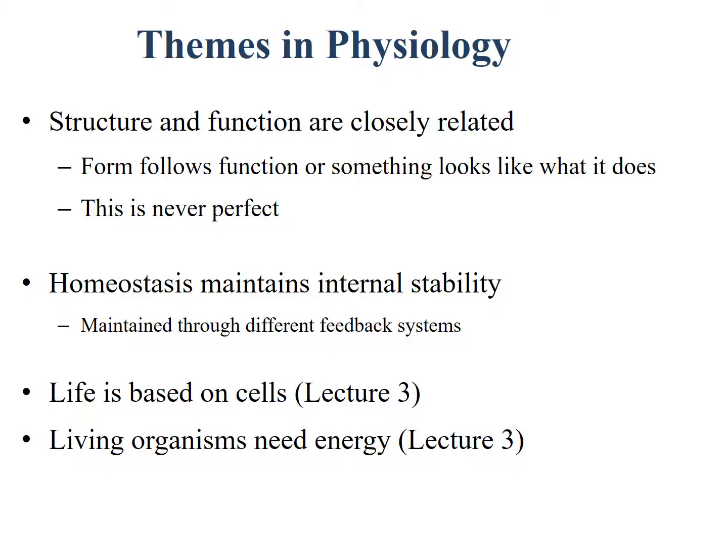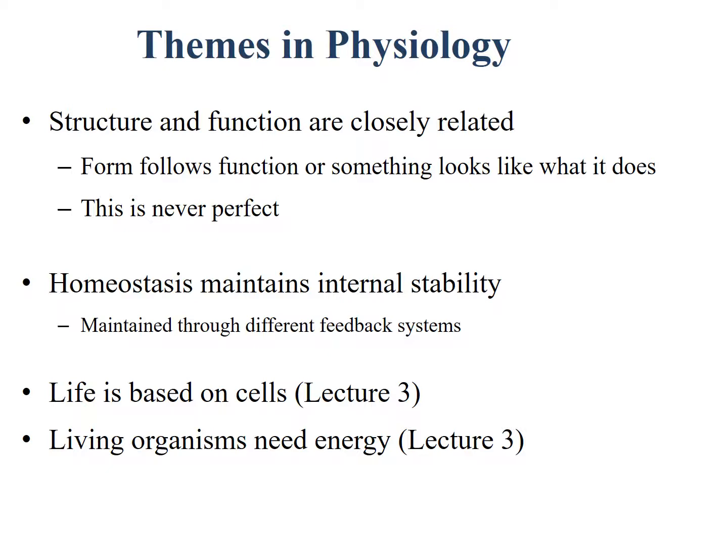First, we're going to discuss structure and function. Structure and function in the human body are very closely related. What do I mean by this? Something is going to look like what it does. Form follows function. A muscle can only perform what a muscle performs because of its overall structure. It looks like something that is going to slide past each other in order to contract, and therefore it does this.